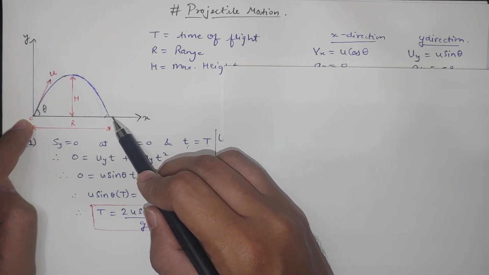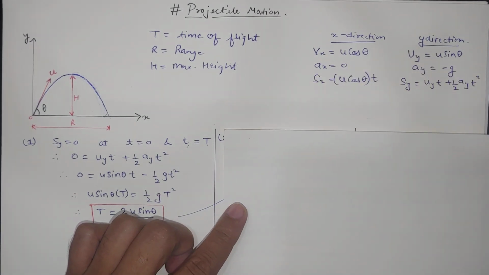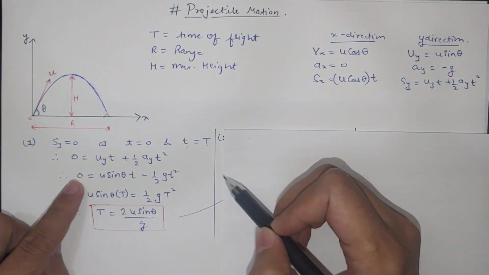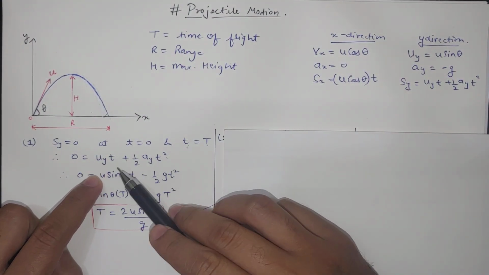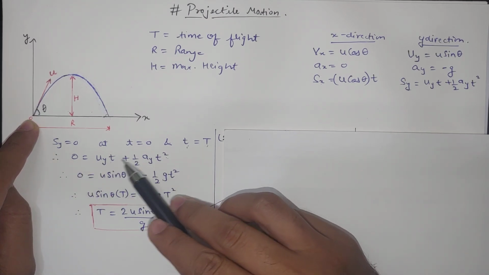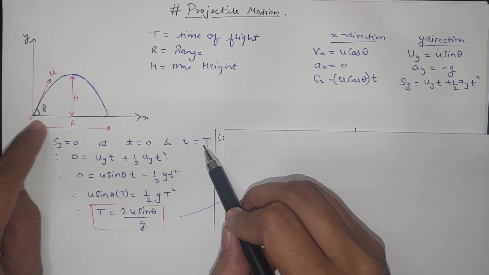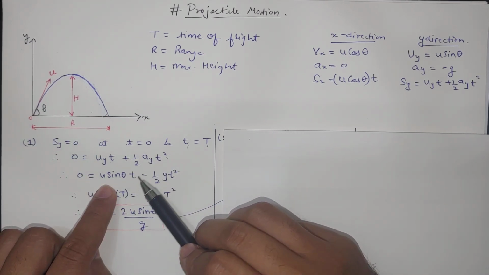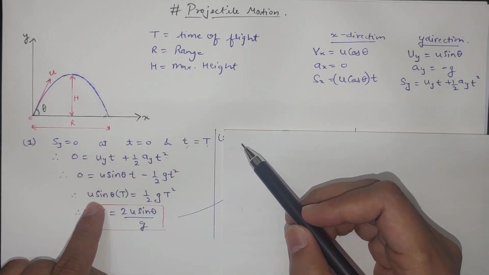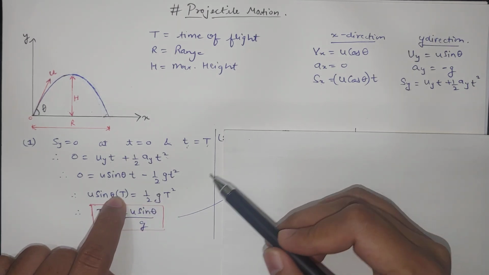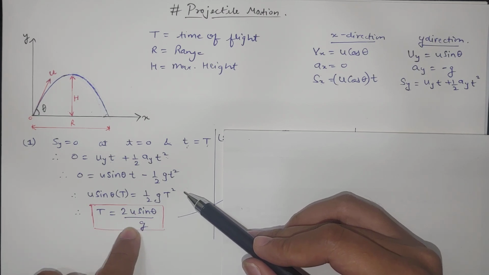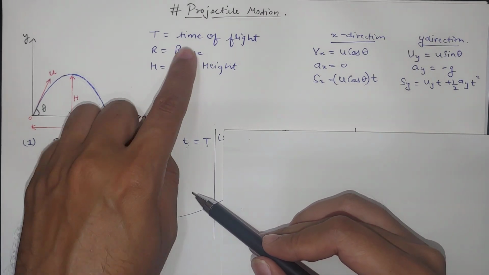Putting sy equal to 0 in the equation uy t plus half ay t square, with ay equal to minus g and uy equal to u sin theta, we can cancel one t and solve for T to get 2u sin theta upon g. This is how we calculate the time of flight.